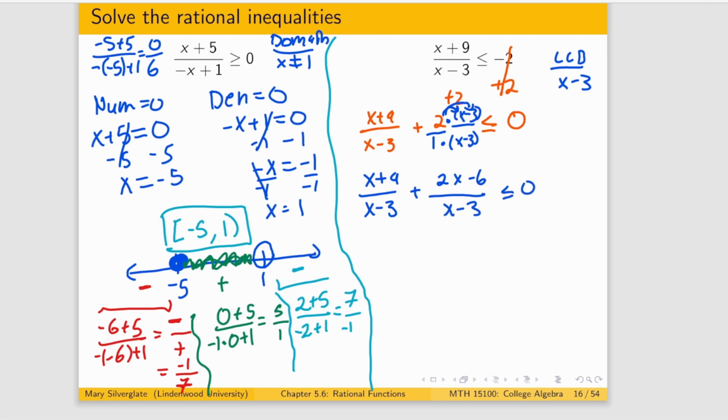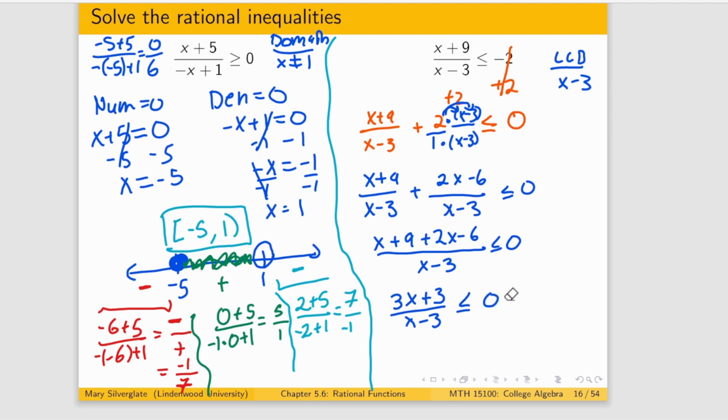Now that they have the same denominator, I can combine them. So I have x plus 9 plus 2x minus 6, all over x minus 3, is less than or equal to 0. Now I want to combine my like terms. 2x plus x gets us 3x. 9 minus 6 gets us plus 3, all over x minus 3, is less than or equal to 0.